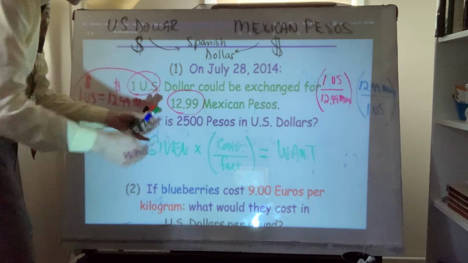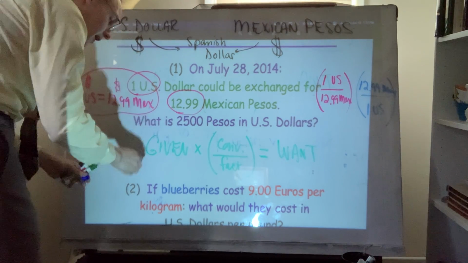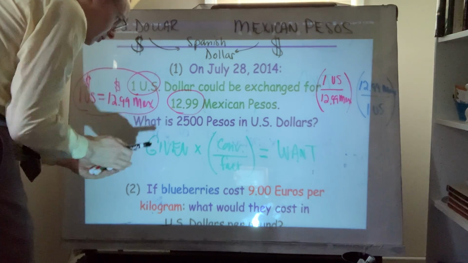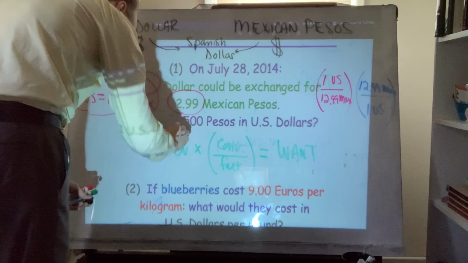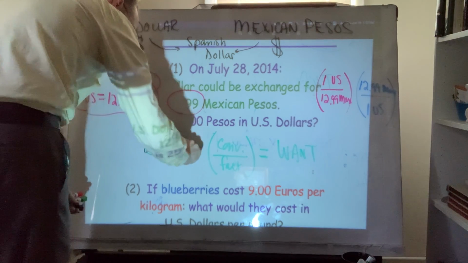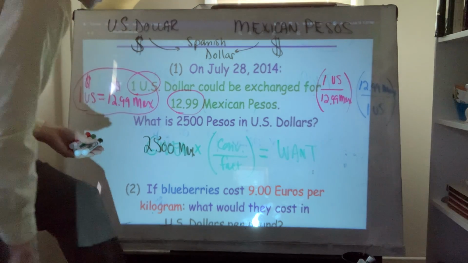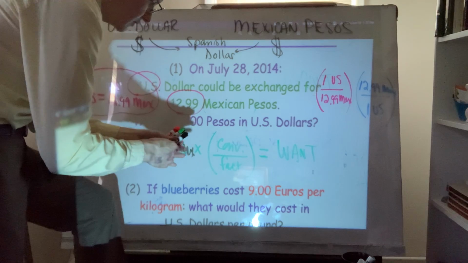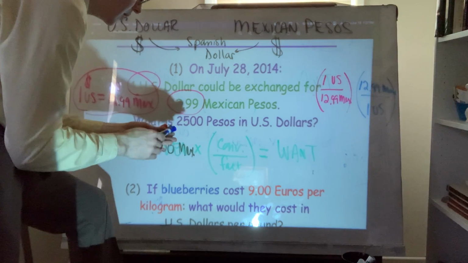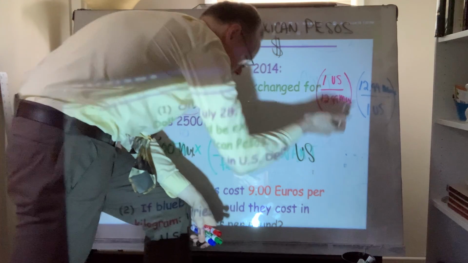2,500 pesos is what we're going to be converting from, so I would identify that as being given. Therefore, you will put 2,500 here, and you could say pesos or Mexican dollars. And then if you want US dollars, put the unit US here, the contrived unit.